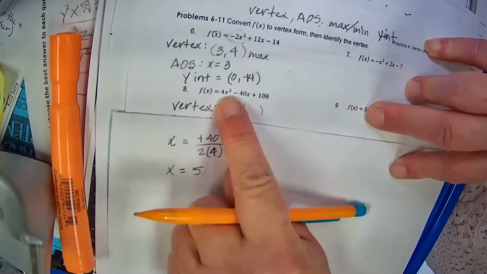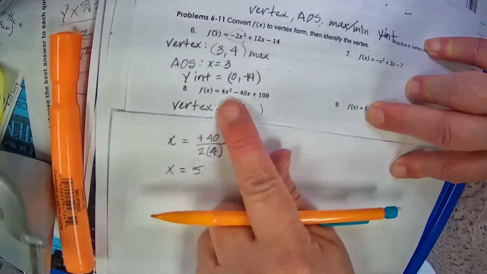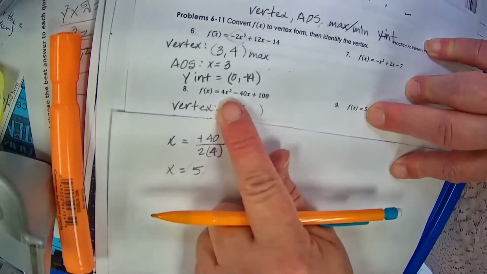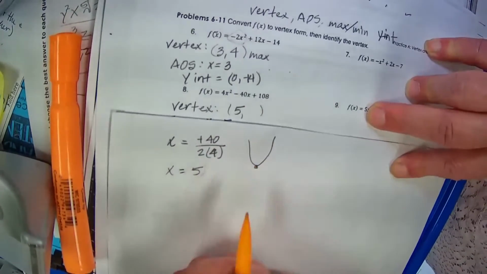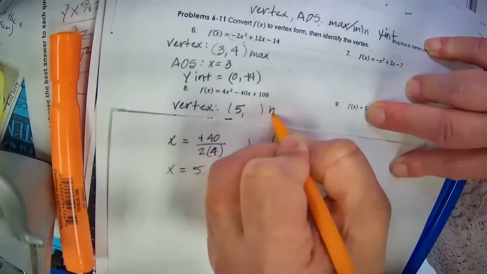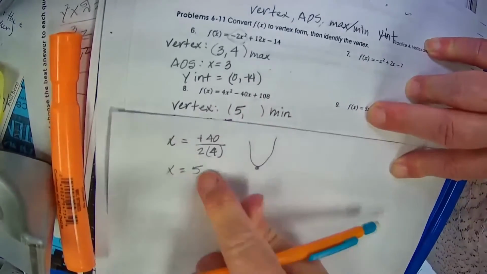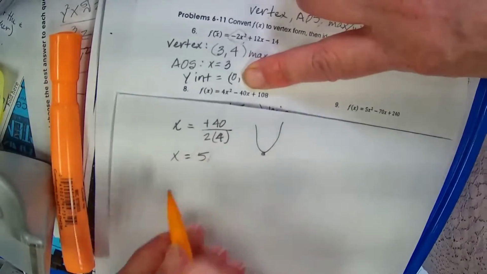Now our x squared is positive, so which way is this graph opening? It's opening up, which means the vertex is a minimum. Now we're going to take that 5 and plug it in.